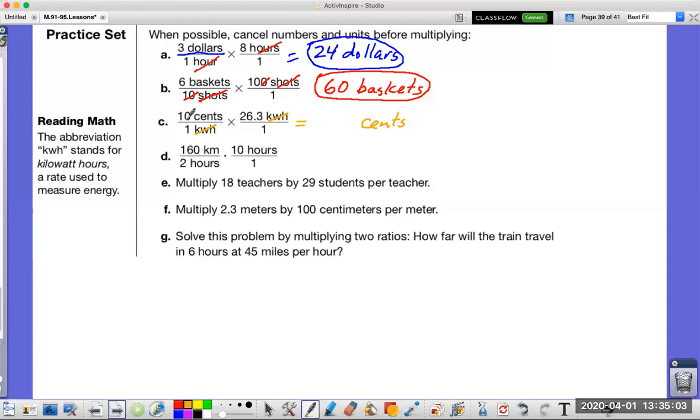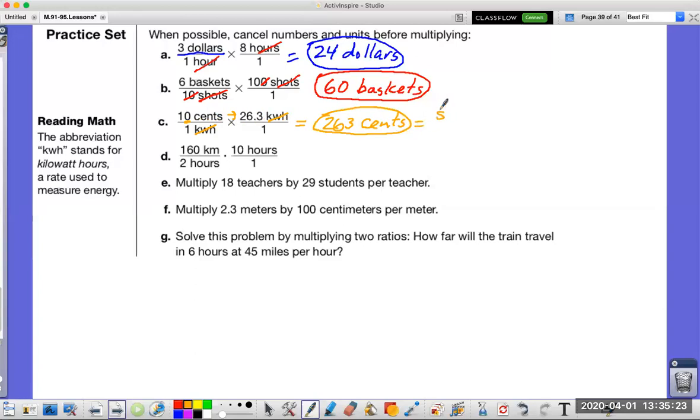And then I also see something super easy. 10 times anything just means I move the decimal to the right. And I also see that I only have to move it one place. Boom, move this decimal to the right, it becomes 263 cents. And what does that equal?